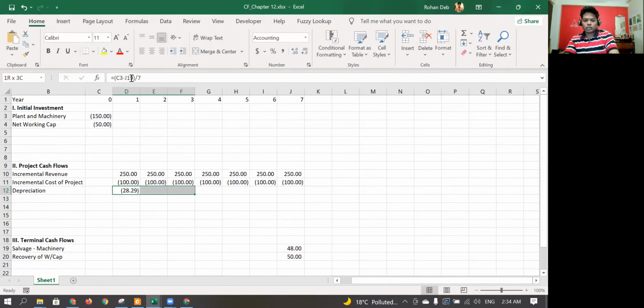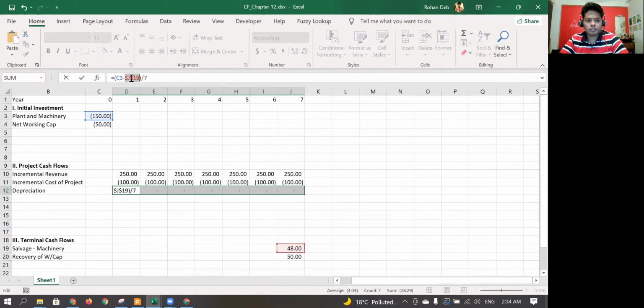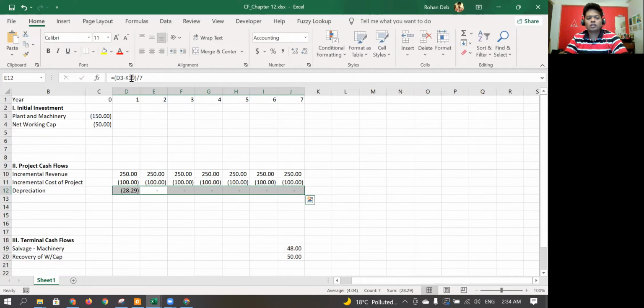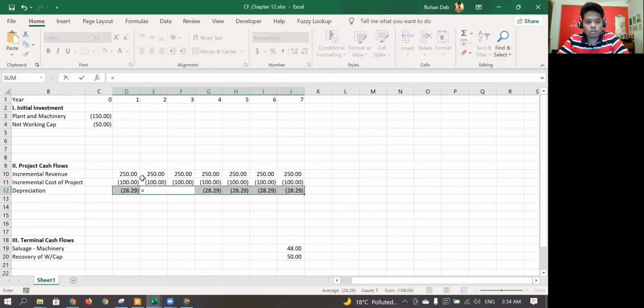So 28.29. You can either calculate using a calculator and then put it there. You can see the total is coming to 198, which, oh sorry, I made a mistake. It's basically that 150 was put in negative, so you can just write plus.